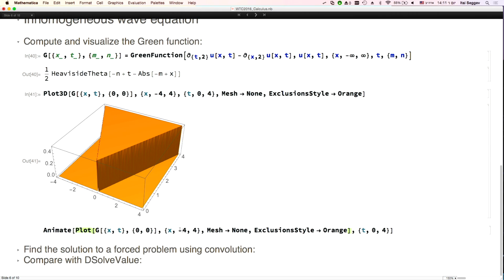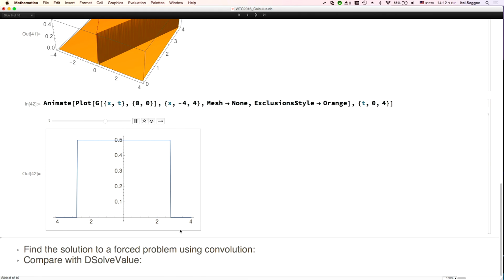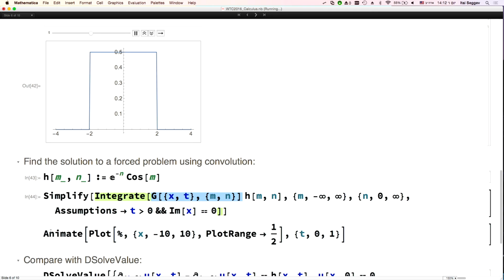But I think it's easier to understand if we plot a function of x as a function of time over time. So we have a little pulse at t equals 0 at the origin, and that pulse spreads out uniformly over time. And again, if I have some forcing function, for example, this one here, I integrate that against my Green's function right there, and it'll think for a little while and eventually give us an answer.